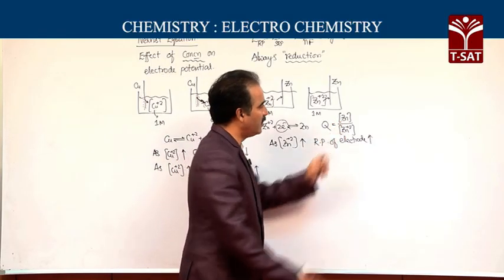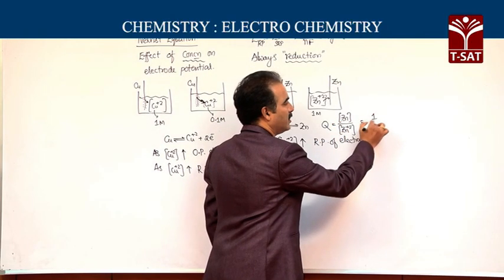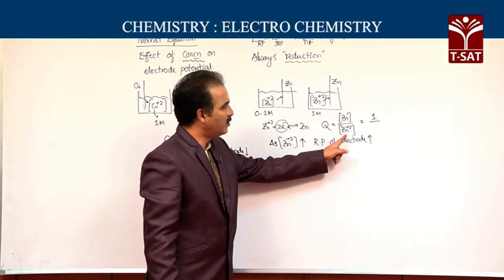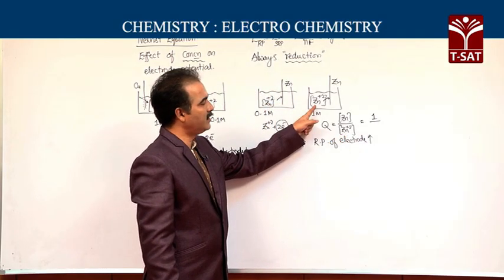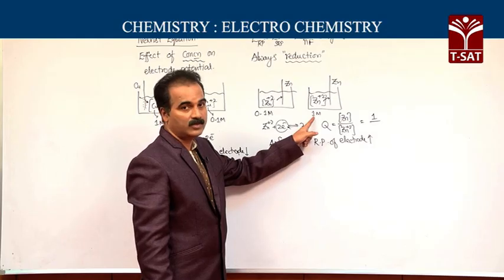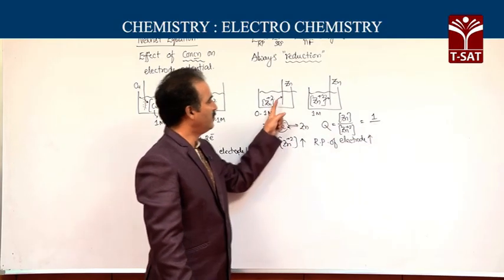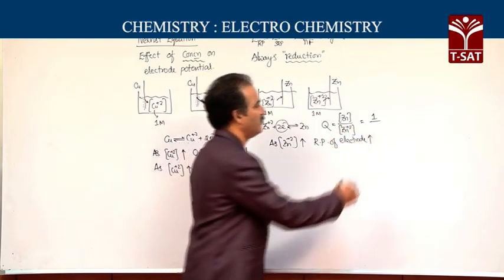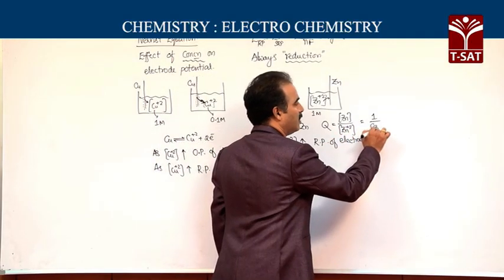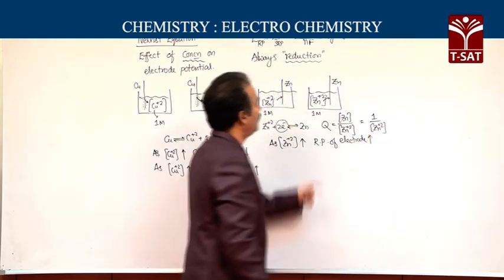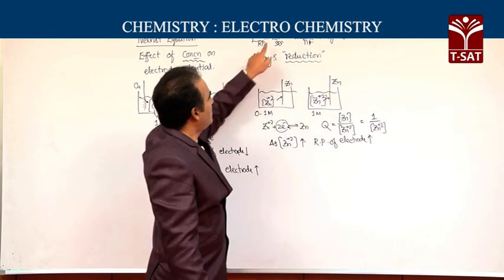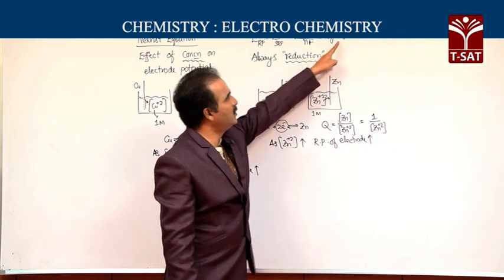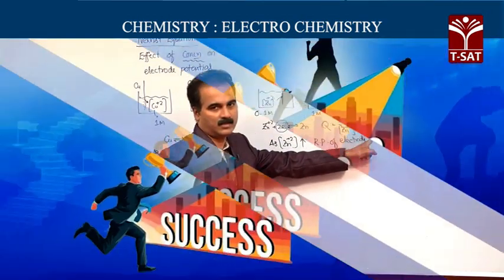But for any solid, the active mass is taken as 1, and for zinc plus 2 concentration, if the electrolyte is a 1 molar solution, we keep 1 here. If the electrolyte solution is 0.1 molar, we keep 0.1 molar here. That is what ionic concentrations mean. Let us see how the electrode potential changes with the change in Q value or concentration.